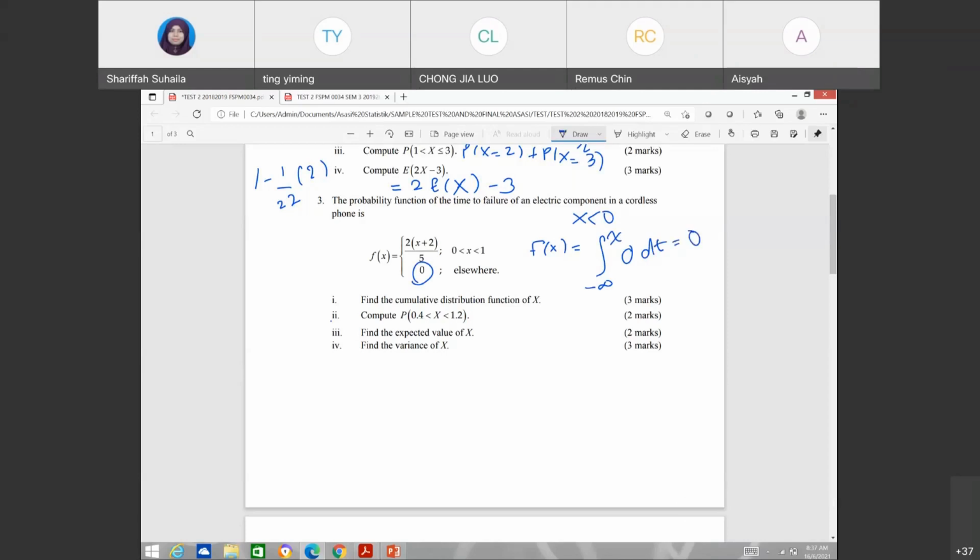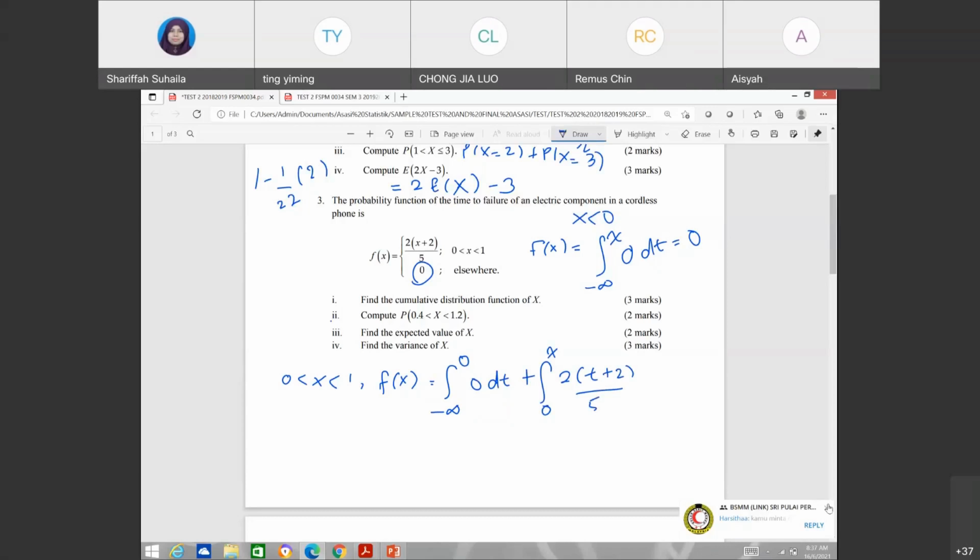Next you want to find between 0 and 1. Just write 0 less than x less than 1. So capital F(x). So again, copy back minus infinity, but now you put the value 0 dt, plus 0 up to x, you put the value 2t plus 2 over 5 dt.